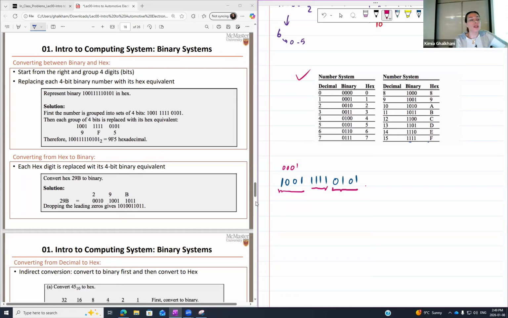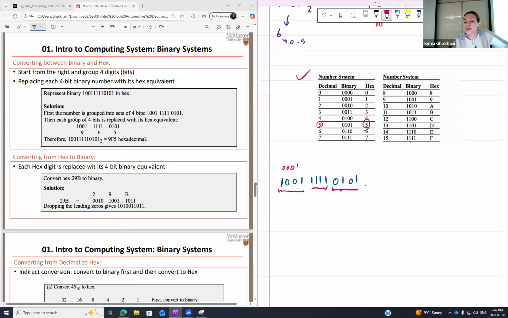I have this table in front of me. I find the equivalent for each of these groups and put it underneath, and that's how I convert binary to hexadecimal. Let's do it together. First one is 0101. I look here and see which one is 0101. This one.